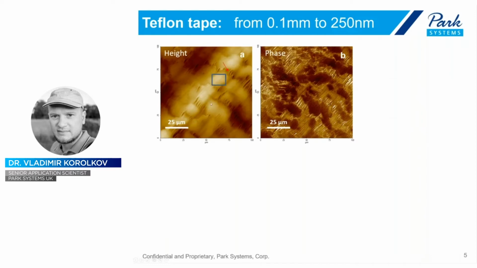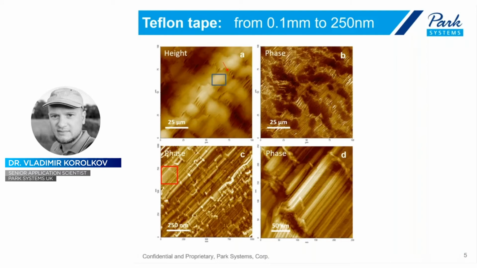So if we zoom, for instance, into one of those and acquire some phase images, we indeed can get an extremely detailed picture that shows quite a few details. For instance, on a slightly higher resolution image, we can see a crystalline area where you can see lines running in one direction, in the same direction, in fact, that the tape is oriented.